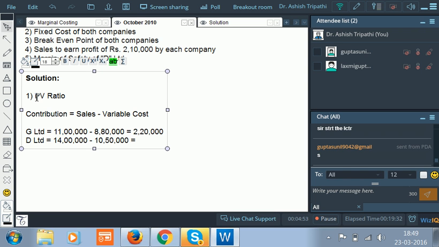So let us calculate 14 lakhs minus 10 lakh 50,000. So we are getting D Limited's contribution as, very good Lakshmi, 3,50,000.